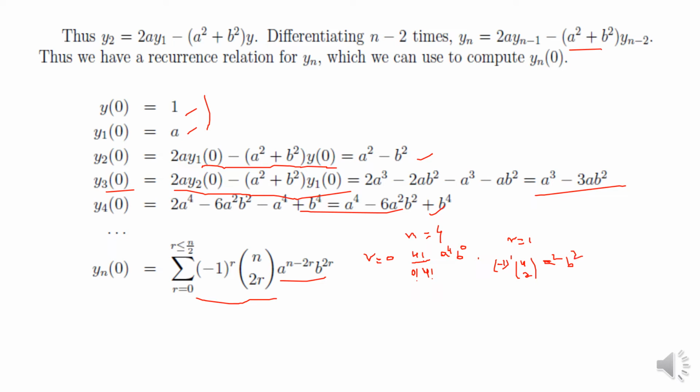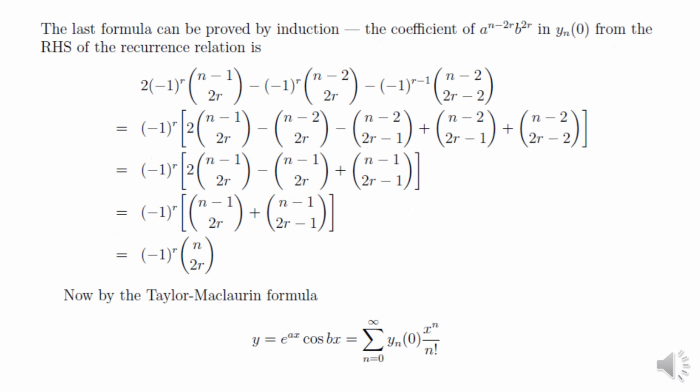So this will give the second term, and this comes minus factorial 4 upon 2 factorial, and then 4 minus 2, that is 2 factorial, into a square b square. So this gives us that.